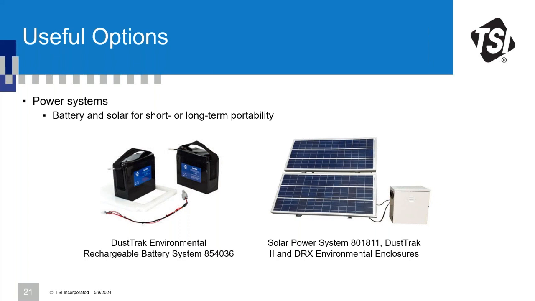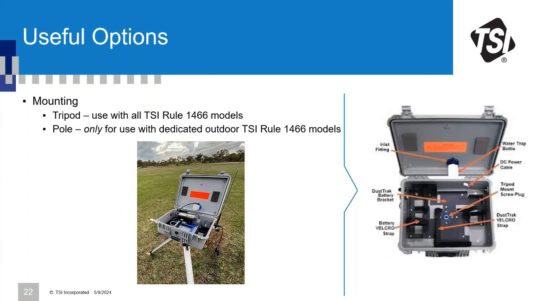If you want to have your site set up and don't want to send somebody to the site every day or every other day, solar is a great option because it'll be powered all day long, and you can collect your data offsite. So that's basically built for short-term or long-term portability.